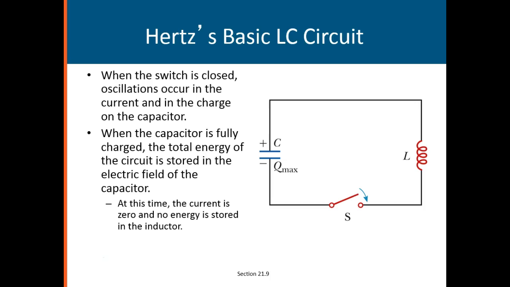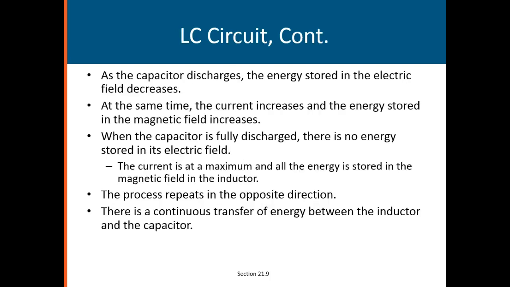When the capacitor is fully charged, the total energy of the circuit is stored in the electric field on the capacitor. At that time, the current is 0 and no energy is stored in the inductor. Okay? However, as the capacitor discharges, the energy stored in the electric field decreases. At the same time, the current increases and the energy stored in the magnetic field of the inductor also increases.